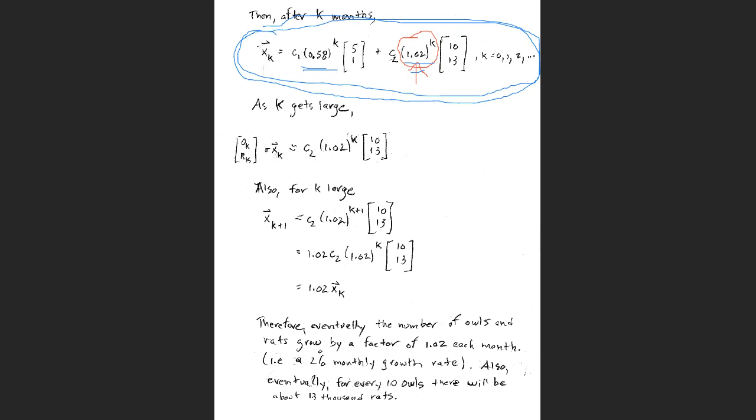And in this case, of course, since one of our eigenvalues is larger than 1, for our owl and rat population, what does that tell you about the owl and rat populations? Are they going to go to extinction, or are they going to survive?